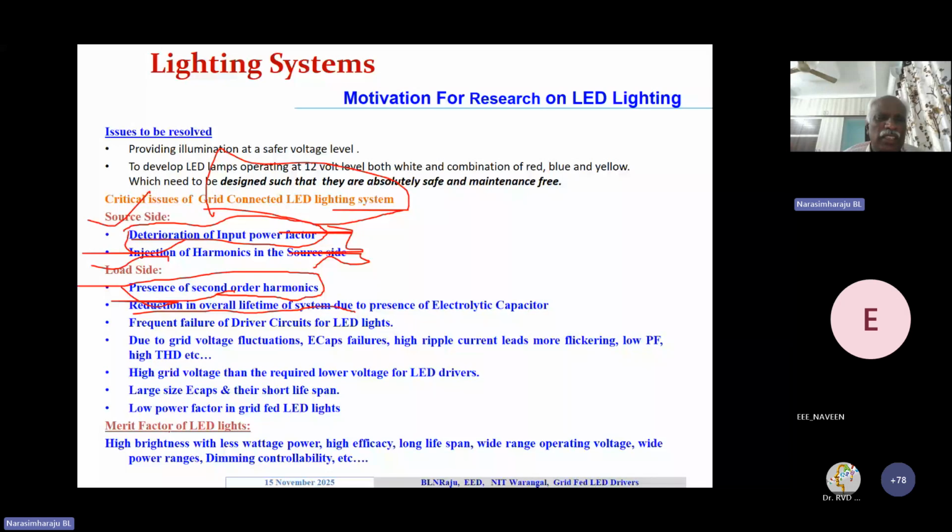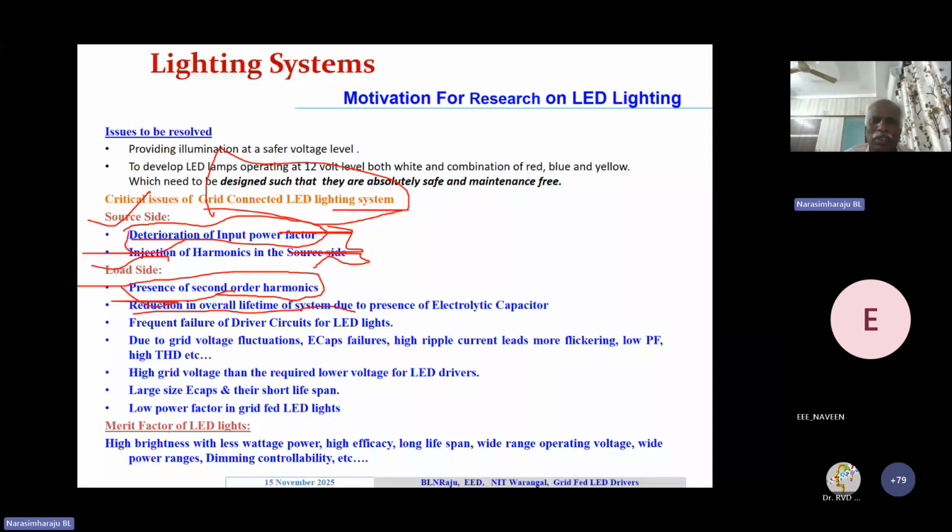critical issues one can experience from these LED lamp power circuits, both from the source side and the load side. But obviously, in order to utilize the best part of the merit factors of LED lights, because of their high energy efficiency, very long lifespan, wide operating voltage and wide power ranges, and moreover, from these LED lights we can also have light output control.